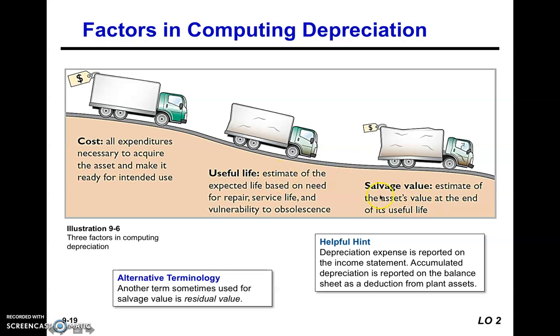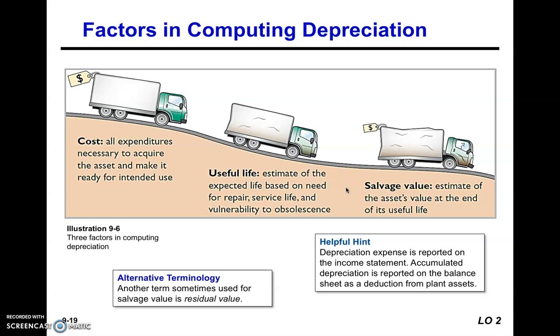Now, the other thing we need to estimate is whether, at the end of the useful life, we are able to sell that asset for any amount. Again, this is an estimate because we don't know what happens at the end of the useful life and how much we can sell it for, if any at all.